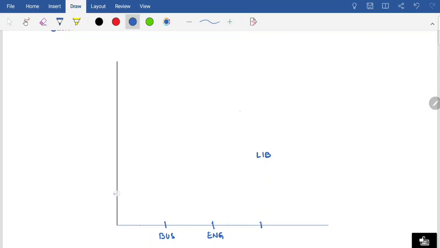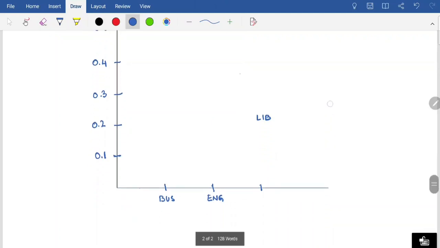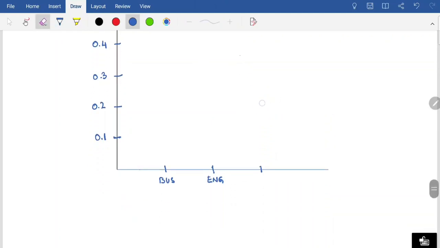So let's break it up in intervals of 0.1. So 0.1, 0.2, 0.3, 0.4, and 0.5. Oops, we have to fix this here. LIB should be here. All right.